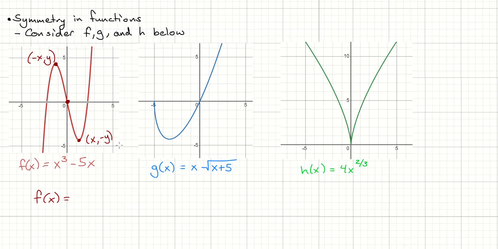What y did it spit out? I don't need a number. Just tell me what I wrote down for that ordered pair. Negative y. Everybody cool with that? Okay. When I plug in negative x, what does it spit out? Okay. That relationship is going to mean something to us here in a second. All right. We're going to pause there for just a second. Let's switch to blue. Do you see symmetry on this one?